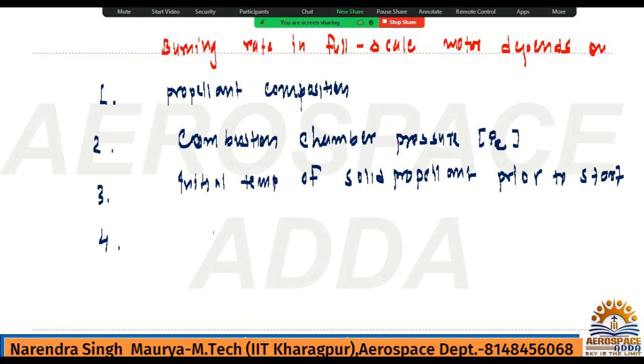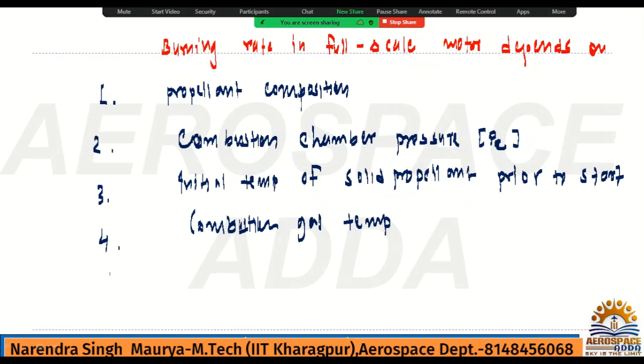Fourth point, combustion gas temperature.